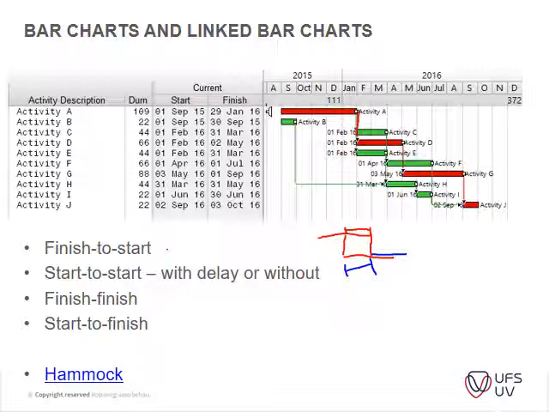So you've got your start to start with delay or without delay. Start to start is basically when one item starts, the other one can start as well. Finish to finish is when this one is finished, the other one should be finished as well. Then you've got your start to finish, so whenever this one starts, the other one can finish, or whenever this one starts, the other one should be finished, that type of connection.